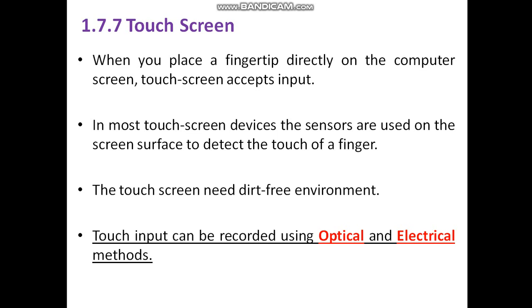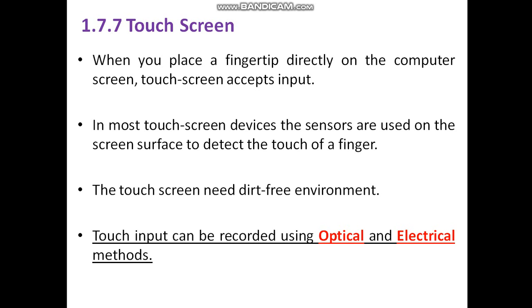When you place a fingertip directly on the computer screen, the touch screen accepts the input. In most touch screen devices, sensors are used on the screen surface to detect the touch of a finger.